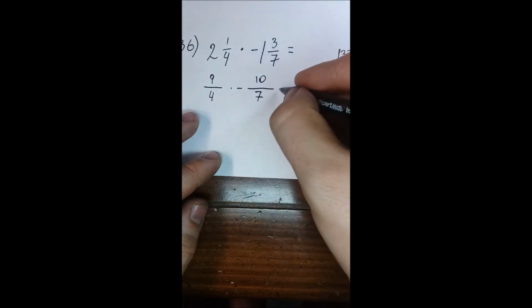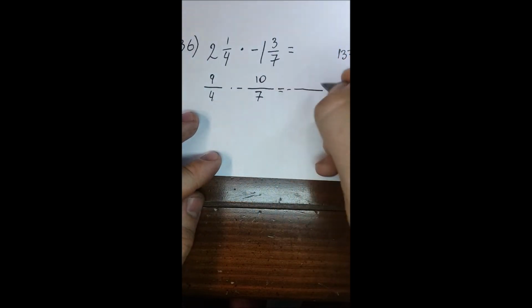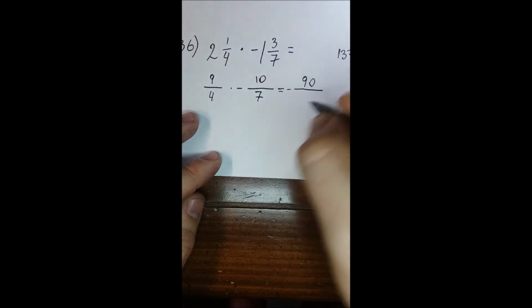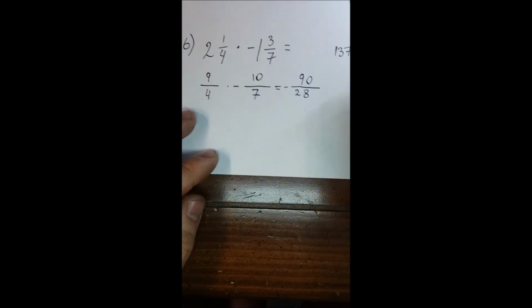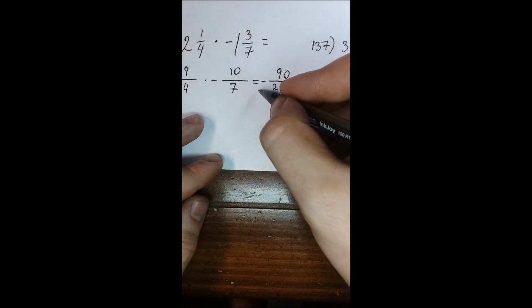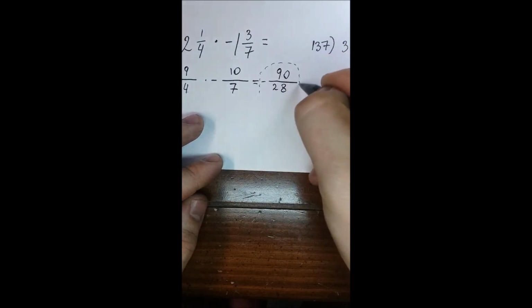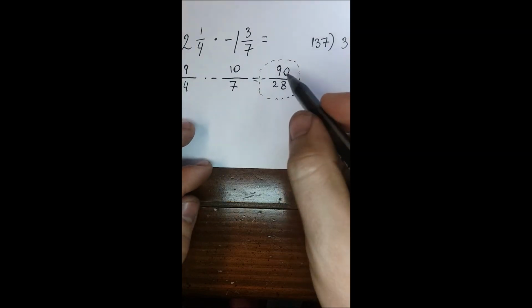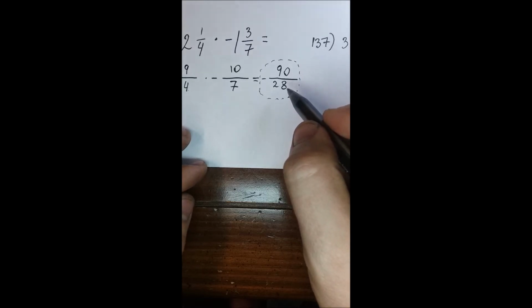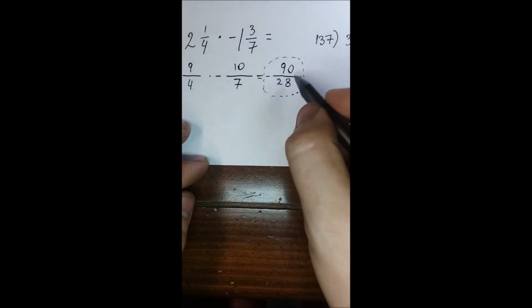9 times 10 is 90. And 4 times 7 is 28. So the answer for now is 90 over 28. I'm going to circle it around. This is not the wrong answer. It's the correct one, but we need to simplify it a little bit more. We need to reduce.